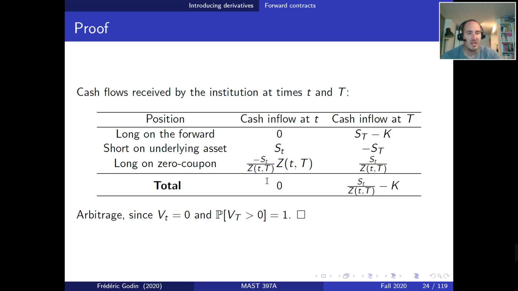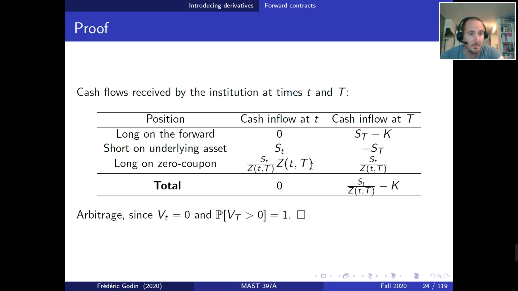So your cash flow here is negative, because you have to pay the number of shares times the price of the zero coupon, which at time small t is Z small t capital T. These zero coupons expire at time capital T, when they pay you exactly $1 per share.